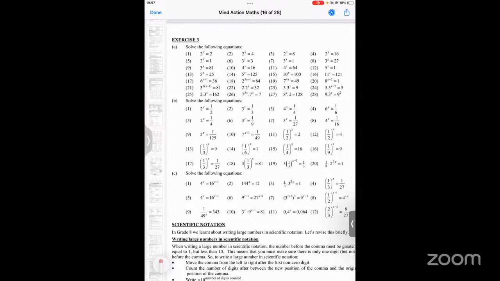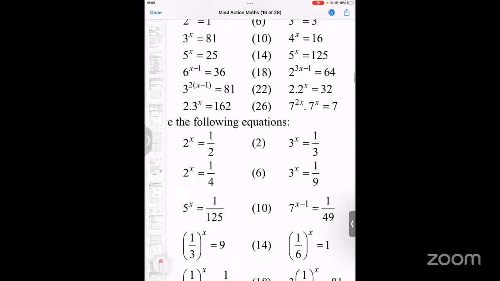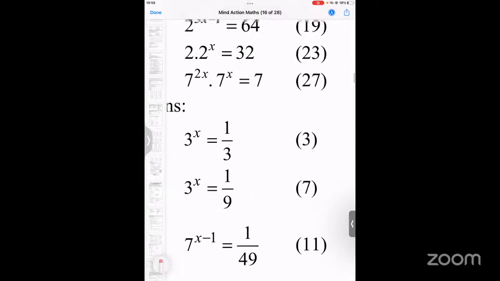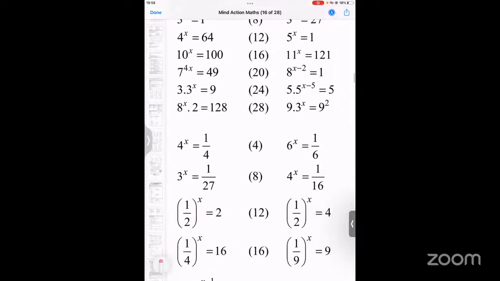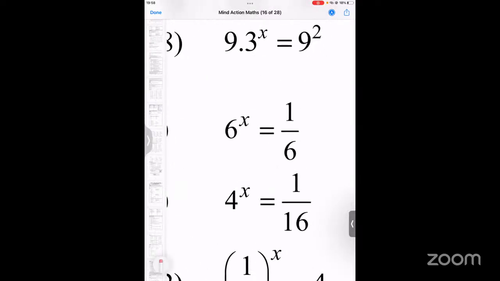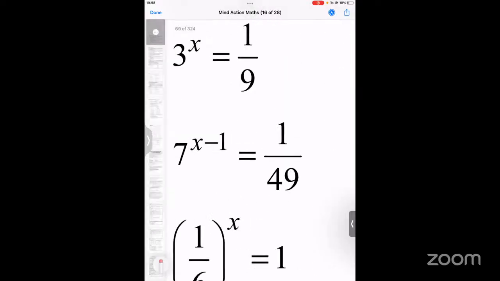Always when we have 1 over something, it's something to the exponent -1. For example, 1 over 2 is 2 to the exponent -1. 1 over 3 is 3 to the exponent -1. 1 over 4 is 4 to the exponent -1. So when the bases are the same, you just equate by that exponent -1. That's what you're going to be doing everywhere you have 1 over something. Like this one, 1 over 49 is the same as 49 to the exponent -1.